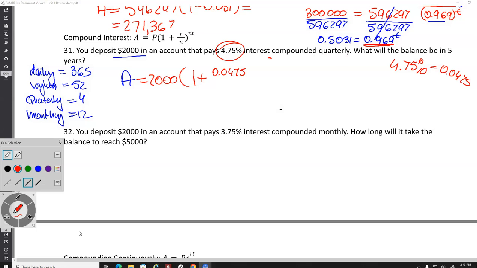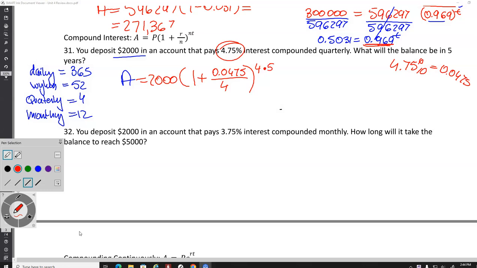Now, what will the balance be, compounded quarterly? Anytime you have the word compounded and then quarterly, monthly, daily, or weekly, you are going to divide that interest by that number. Quarterly means there are 4 quarters in a year, so I am going to put the 4 up there on the bottom. And now I'm going to multiply by the time. What will be the balance in 5 years?